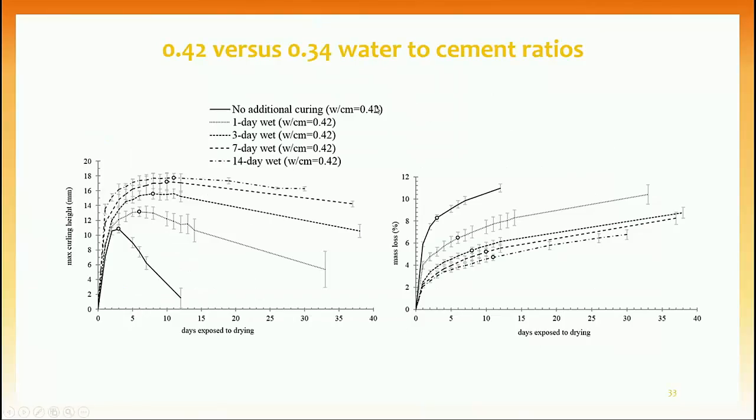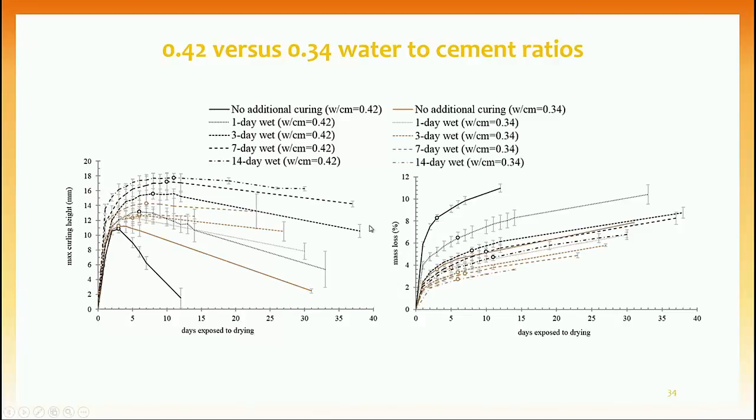For comparison between different water to cement ratios, as you remember, this was from the 0.42 water to cement ratio, which I talked about first, and the trends were explained. The maximum curling happened in the samples that had the longest curing, and they also had the least amount of mass loss.